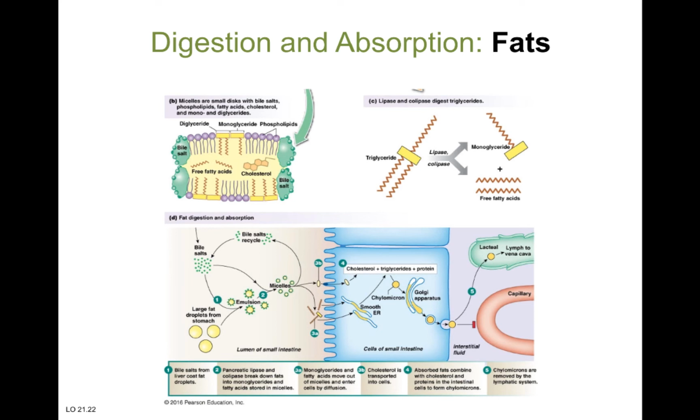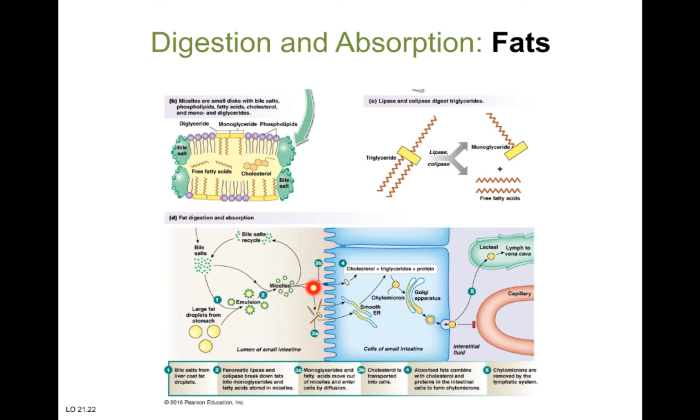So what happens is you've taken in a meal, it contains fat, you've got bile salts from the gallbladder and the liver, and then through mechanical digestion of the small intestine, it breaks these large lipid droplets, starts emulsifying them, taking them into smaller forms. They eventually get broken down into these very small lipid droplets that we call micelles.